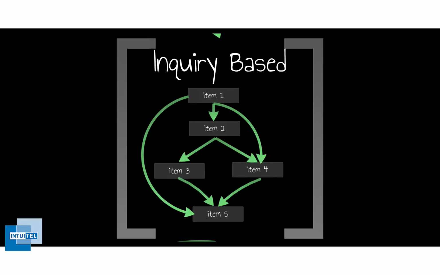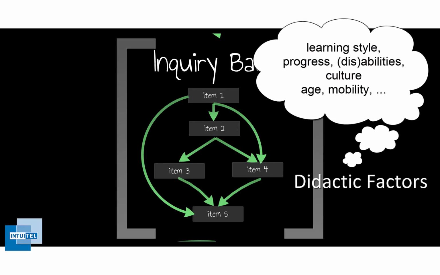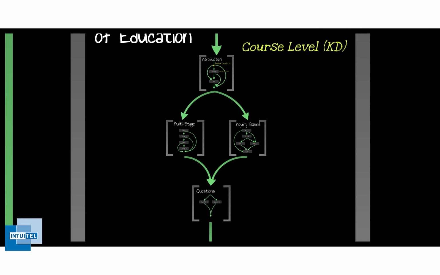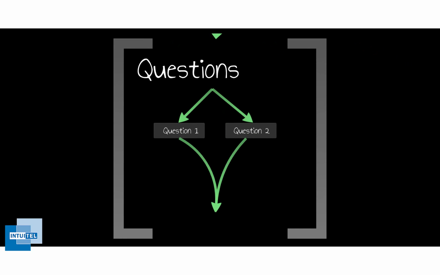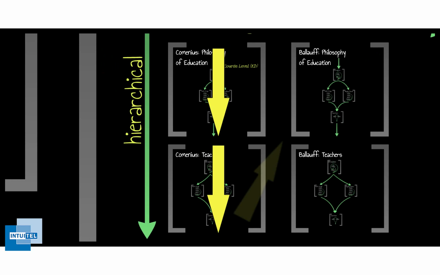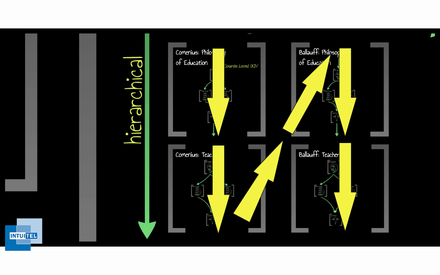In order to decide which learning objects are to be recommended to the learner, the INTUITEL system also takes the didactic factors into consideration. After he has worked through this lesson, he might come to a lesson containing questions about the previously learned contents. Then he may continue with the Balauf stuff in the same way.